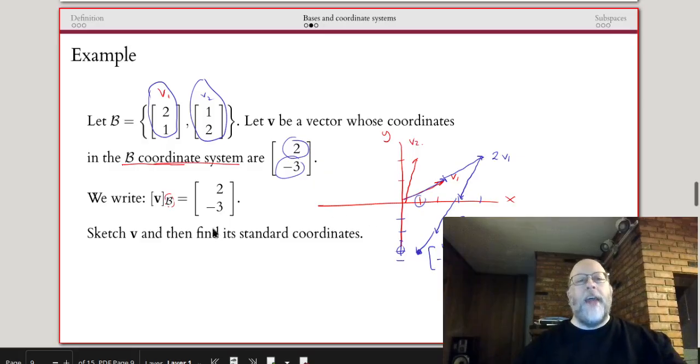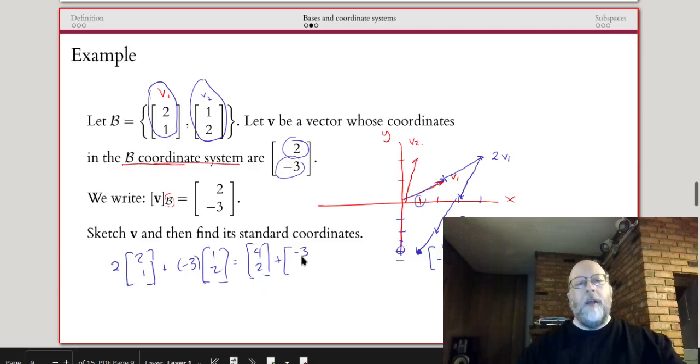And we can check that by taking 2 copies of 2, 1 and -3 copies of 1, 2 and adding these together. This is going to be 4, 2 plus -3, -6. 4 and -3 is 1. 2 and -6 is -4.